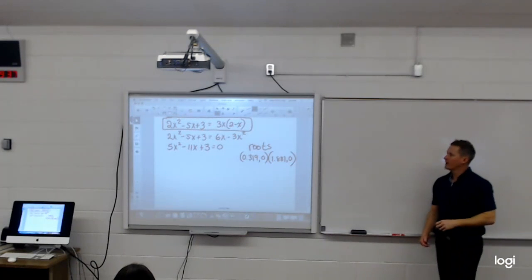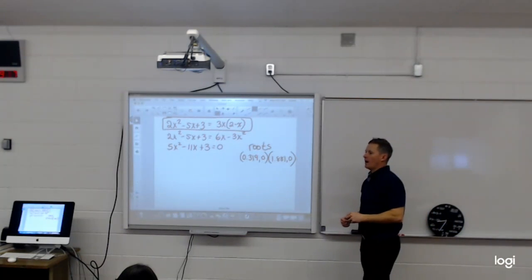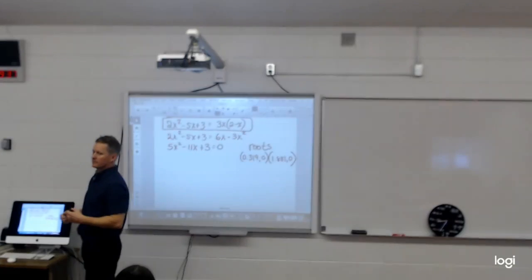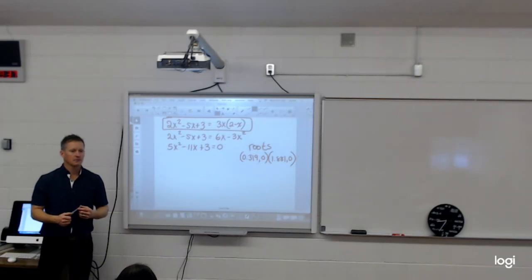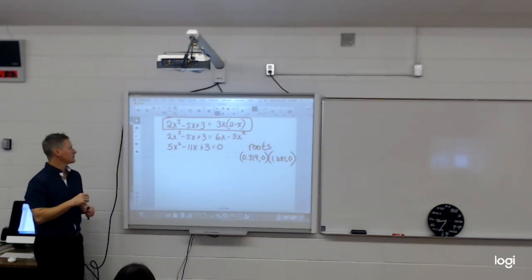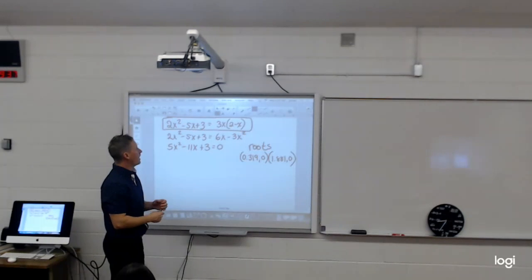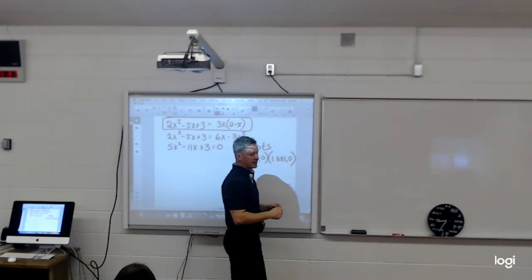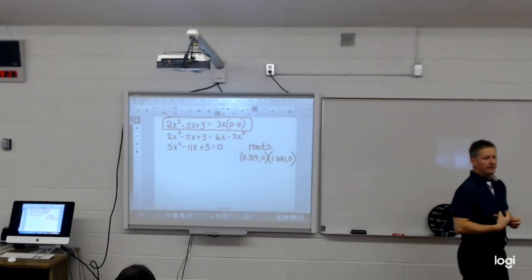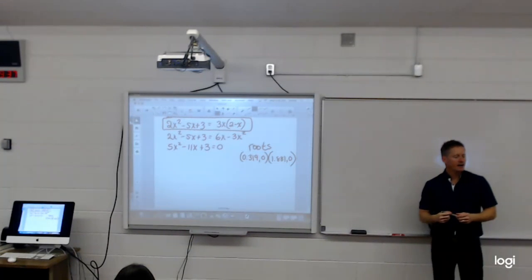Put them on separate lines, and then find out where they intersect. So your y1 is 2x squared minus 5x add 3. Your y2 is 3x times 2 minus x. And find out where they intersect.